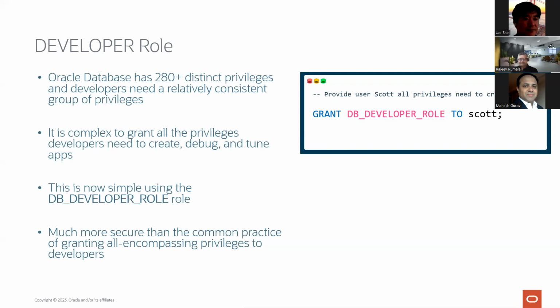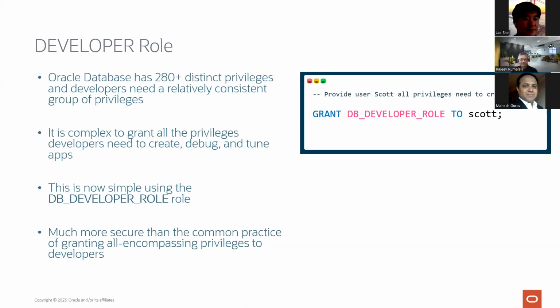So it becomes difficult to manage, right? Generally, what happens is we end up giving DBA level privileges to developers in the development environment, and then it becomes difficult to migrate it to production, because in production we cannot do that. So when you migrate the code, it fails, right? So for this reason, we have introduced DB_DEVELOPER_ROLE.